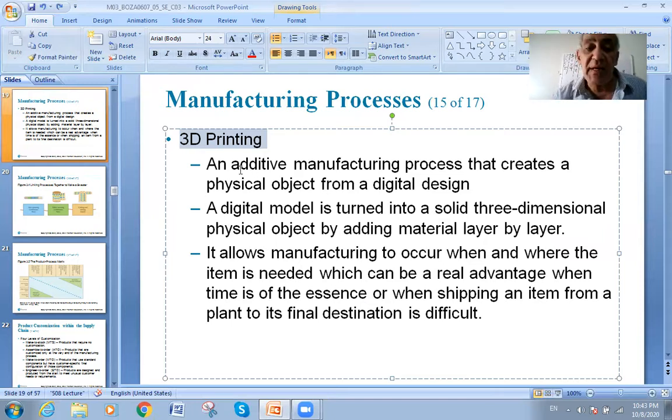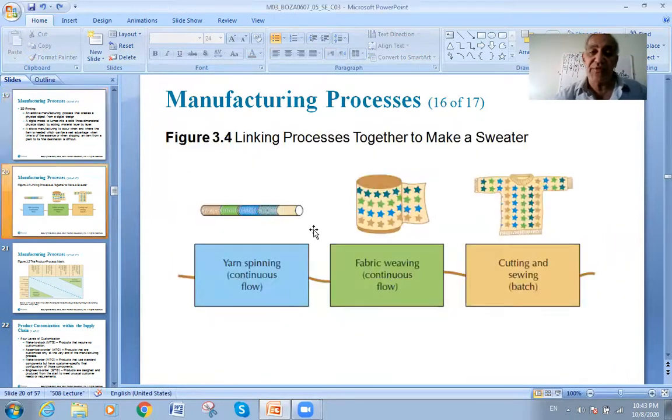It's a kind of additive manufacturing process that creates a physical object from a digital design. A digital model is turned into a solid three-dimensional physical object by adding material layer by layer. It allows manufacturing to occur when and where the item is needed, which can be a real advantage when time is of the essence.